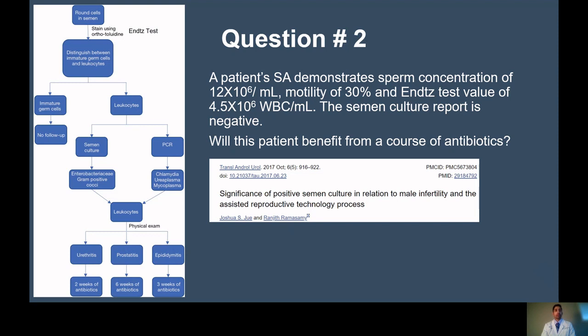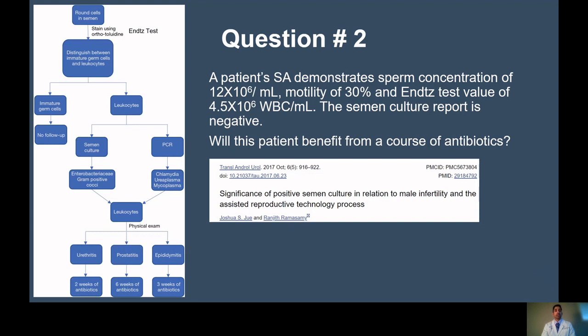Now, there's a few different situations that can occur. Of course, in a patient that has been treated with antibiotics but continues to have an elevated round cell level after treatment, it is possible that their social history could indicate why they have a persistently elevated level. So if they're a heavy smoker, we may not see their levels completely normalize.